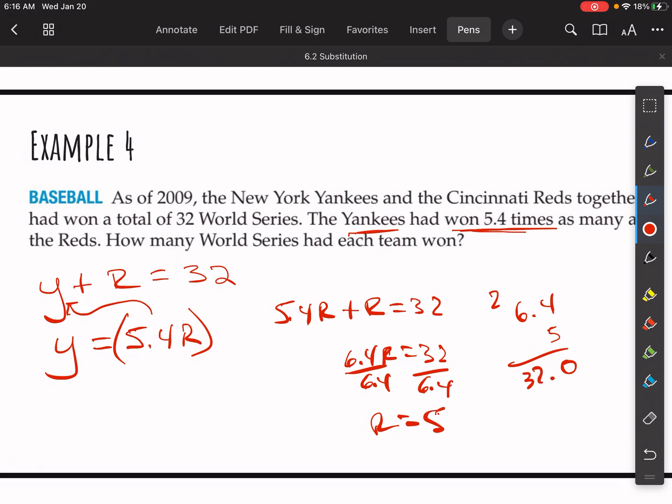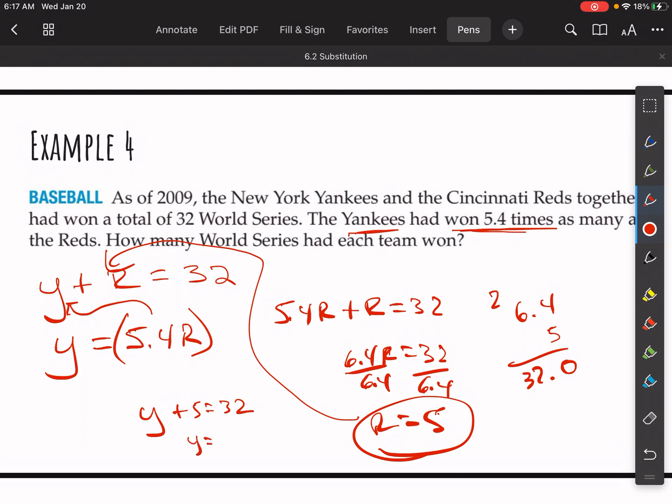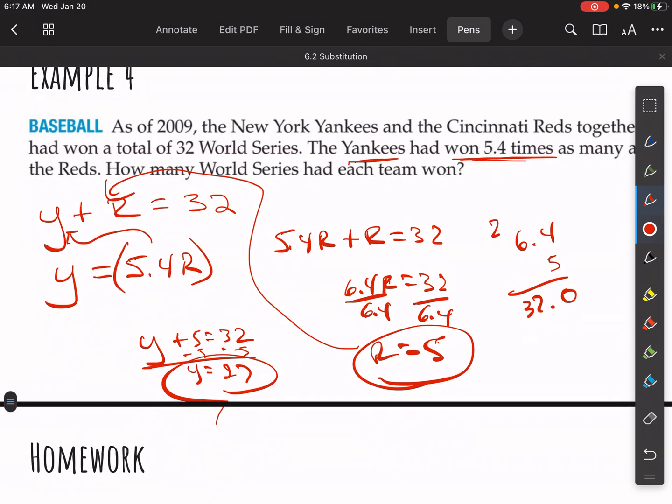Yes, so the Reds have 5 wins, which means we can now plug that back in for r. So that means the Yankees must have, subtract 5 from both sides, 27. That's how you would set up a word problem like that. You need 2 equations for these systems.